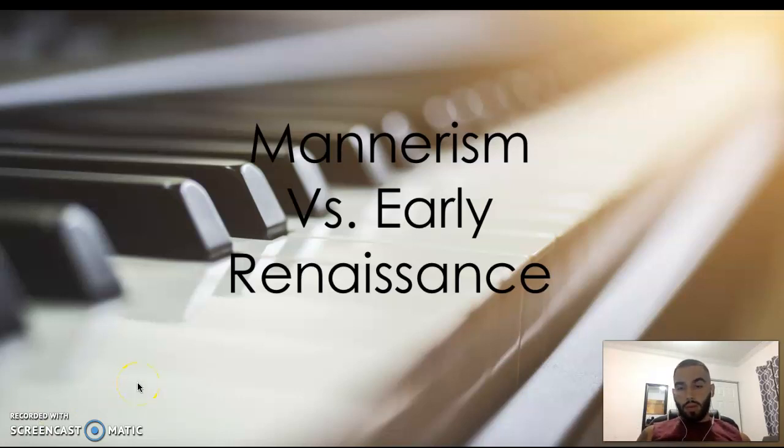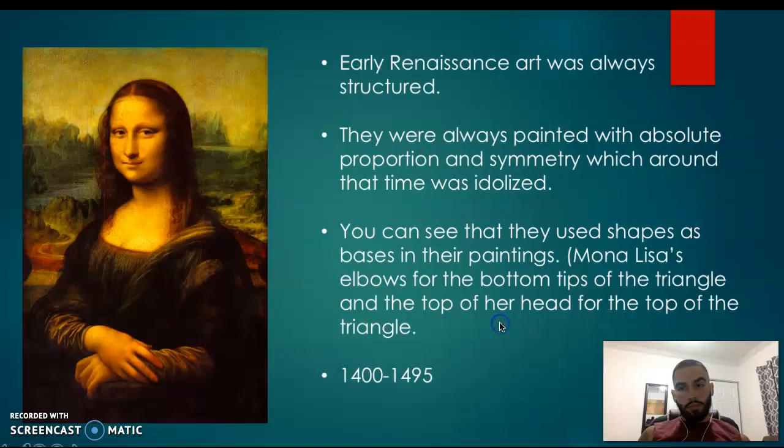All right, so let me go to the next slide. So this painting that you see right here is Mona Lisa by Leonardo da Vinci. And basically what early Renaissance art is known for is always having their art structured, symmetric, line by line.